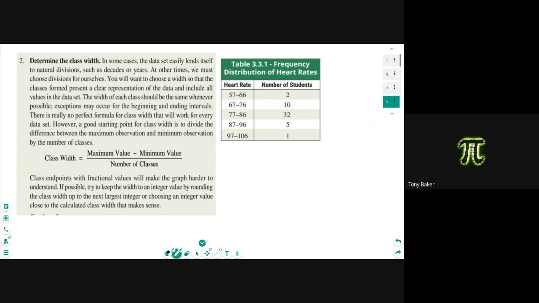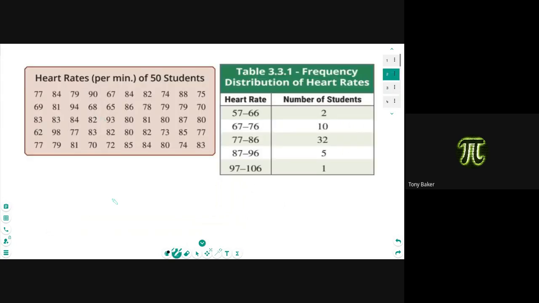I will come back to the slide in a second. What's the minimum value? I think we said it was 62, right? What's the maximum value? 98. Yeah, I think right next to 62 is 98, and I think that's the biggest one.